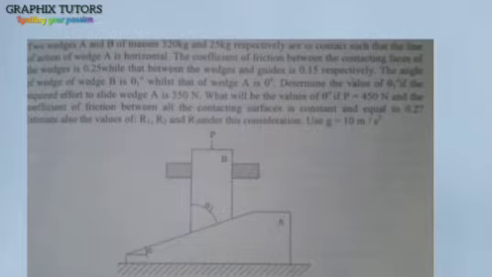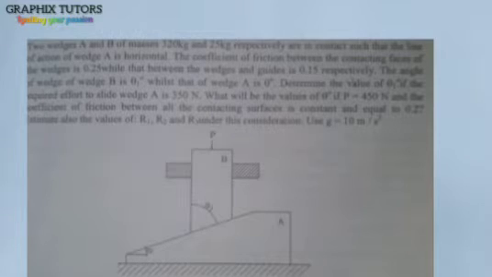The coefficient of friction between the contacting faces of the wedges is 0.25, that is point number 1, while that between the wedges and the guide is 0.15, another point. The angle of wedge B is theta 1 degree, while wedge A is theta degree.